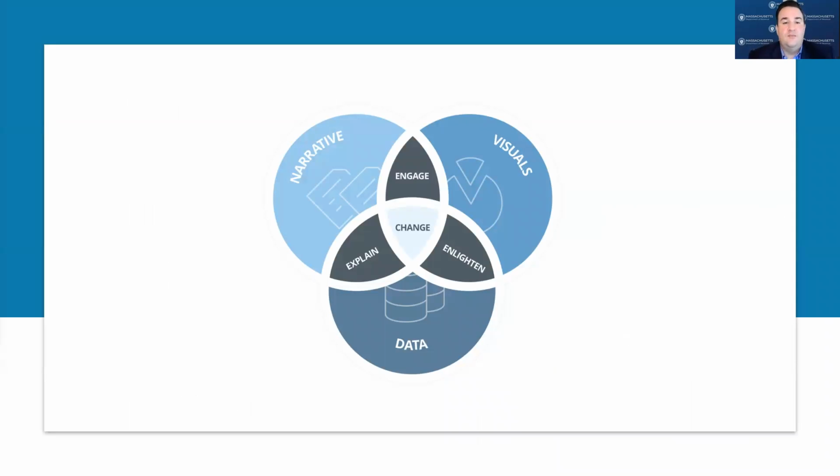So this is what I look at as a perfect presentation. The change in the middle would be tax policy, and the elected board you're presenting to at the classification hearing would ideally be able to have tax policy or implement change based on all three of these categories. So a strong narrative: why are we here?